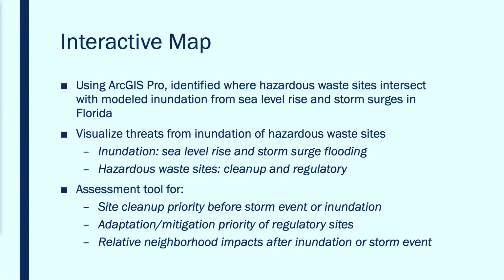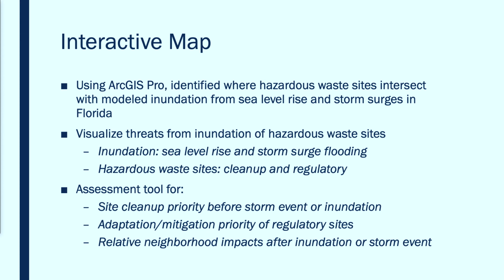Or before the inundation event, if you are considering remedial planning or managed retreat, you are able to more directly identify the specific sites and the specific areas that need the most attention now, based on different sea level rise and storm surge projection scenarios.